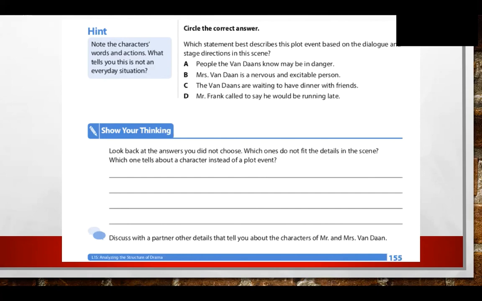And then Mr. Frank called to say he would be running late. Nothing in the scene supports that Mr. Frank called to say he would be running late. So if you need to pause this, rewind what I just said, and then figure out how to write that down, that's fine. If you do not have this on a paper copy, then take notes on a piece of paper.